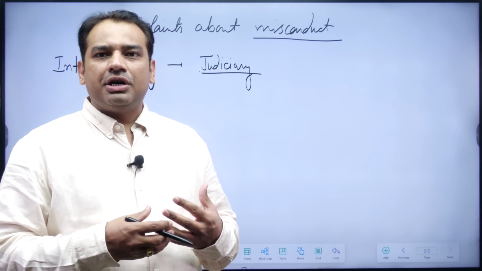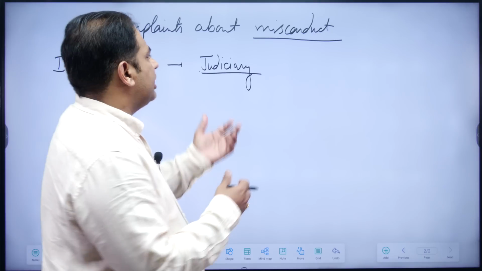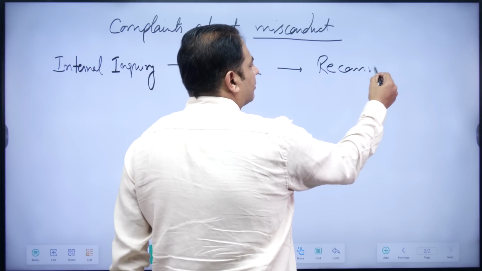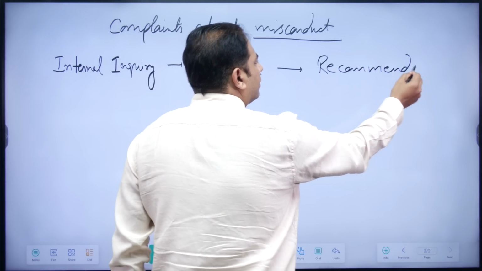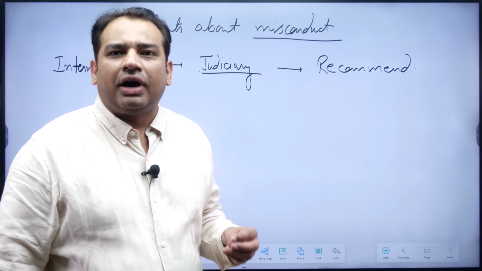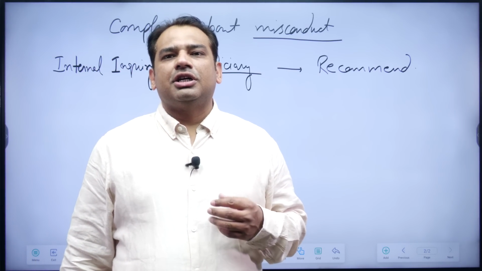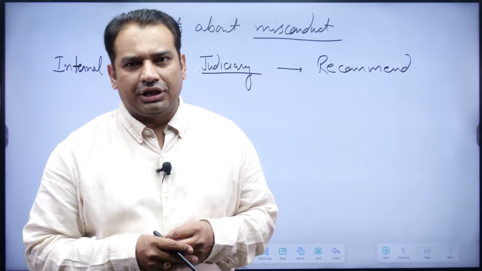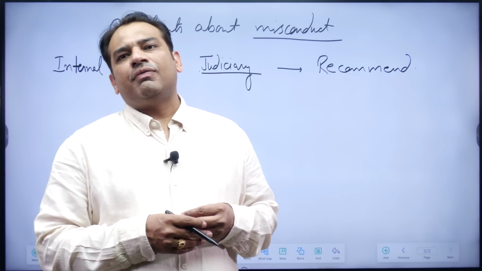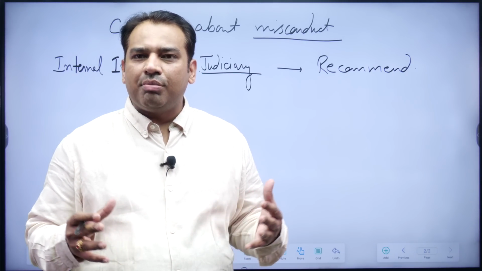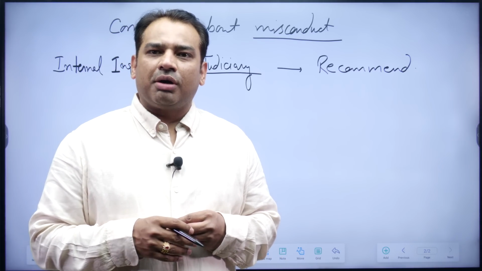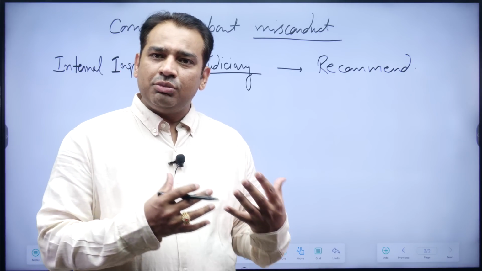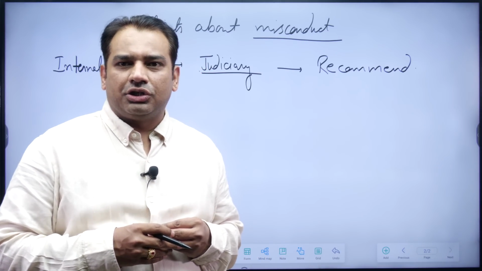So, after this internal inquiry, the committee will recommend what will be the future course of action, and they recommended the judge should be removed, otherwise he himself can submit a resignation. If the judge himself resigns, there will be no requirement of a procedural formality from the parliament. So the judge himself can submit this resignation.